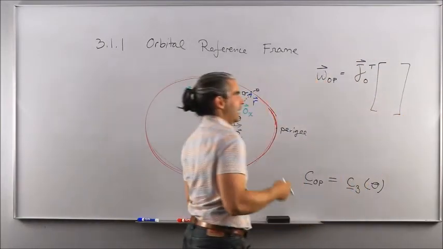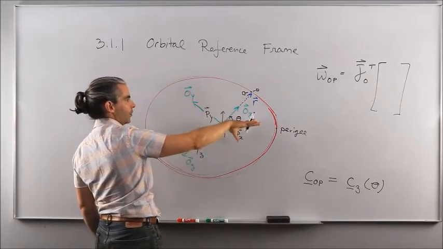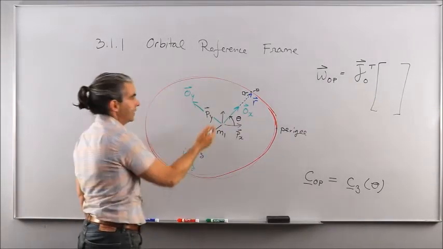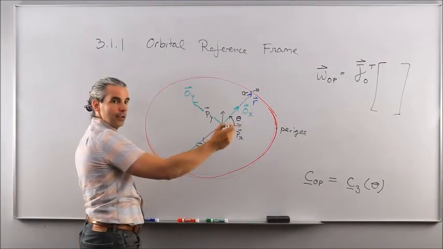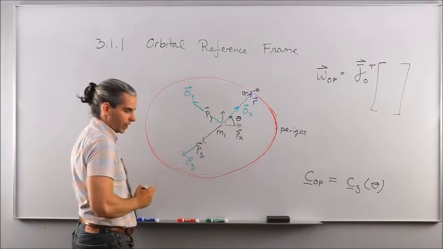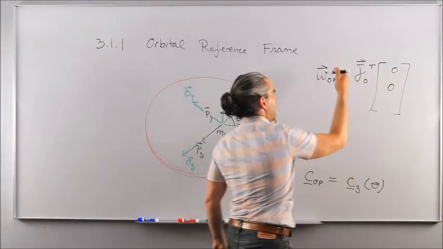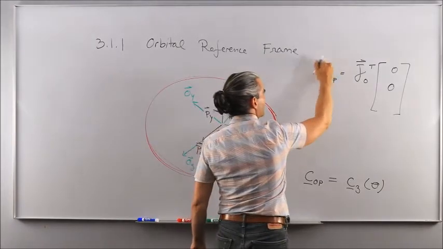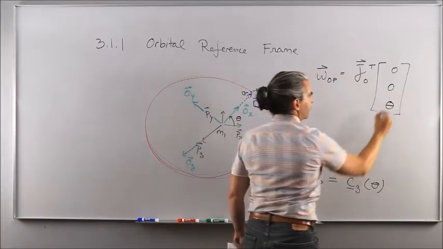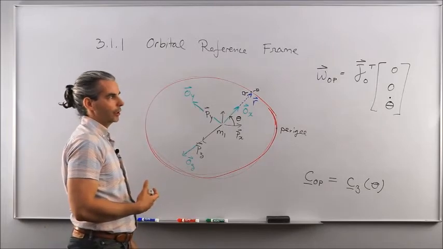But the good news is that the x, y, z components of this particular vector that defines the angular rate of orbital with respect to perifocal is only along one axis. And that axis is the axis of rotation, which is the axis coming straight at you out of the board, or along PZ, or in other words, along OZ too. So we have 0, 0 for the x and y components of the angular velocity vector here. And along the z component, all we have is theta dot, the instantaneous rate of change in true anomaly.